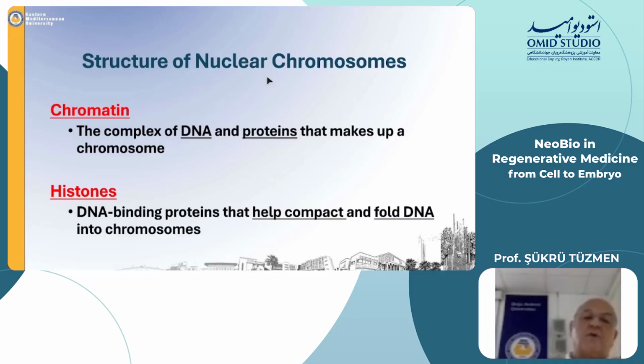So the structure of nuclear chromosomes involves what you know as chromatin. There's another big mistake made in the lab sessions of beginners' molecular biology labs: whenever students are looking under the light microscope and observing onion root tips, the stages of mitosis, they see these entities, let's say in the interphase, prophase, metaphase, anaphase, telophase, and whatnot, and they think that they are looking at the naked DNA, which is not the case.